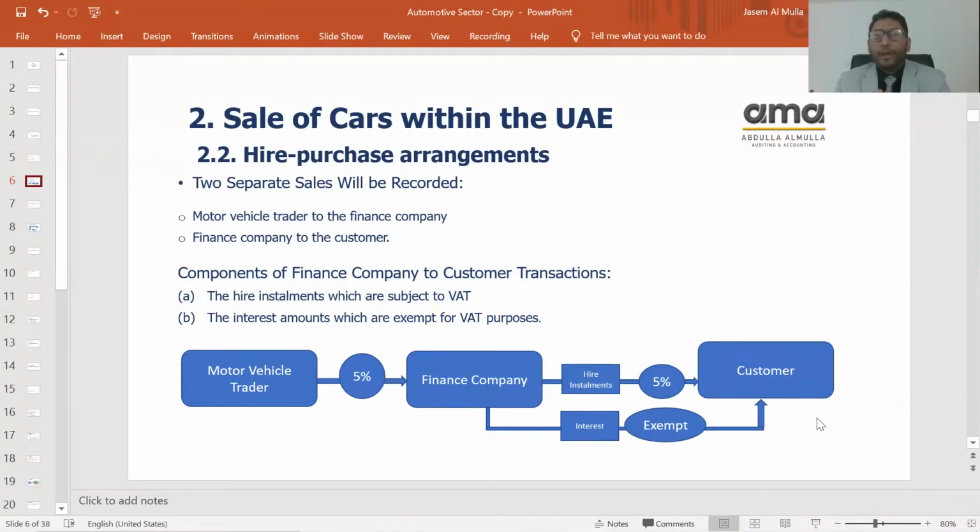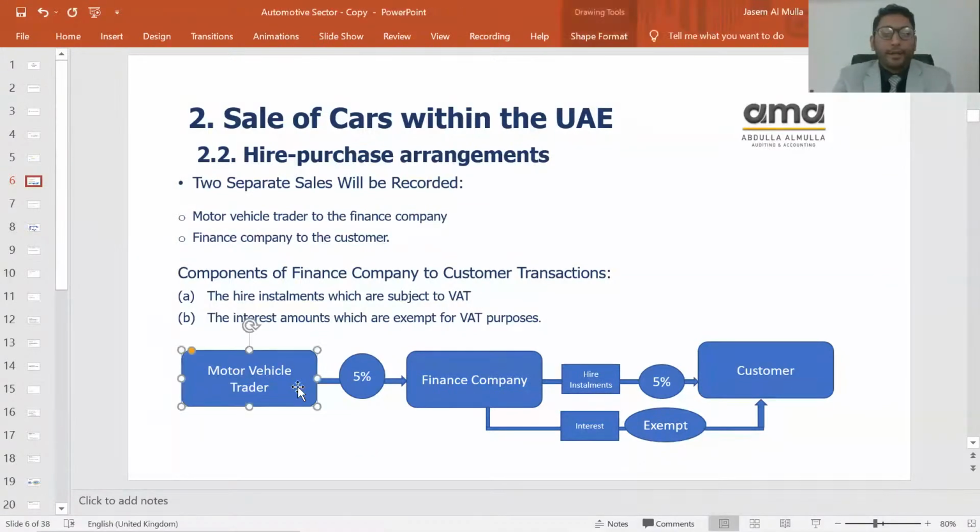The hire installment is the principal amount that is paid by the customer to the finance company, and the finance company will charge the VAT on that specific amount. And the finance company will not charge the VAT on the interest amount, because the interest amount is exempt under the UAE VAT laws. If you see the diagram, it would be easier for you to understand.